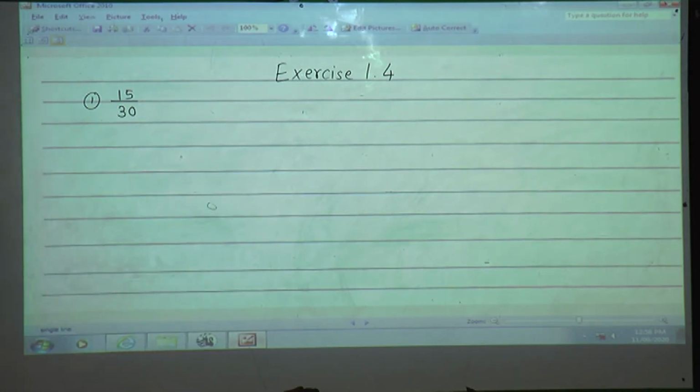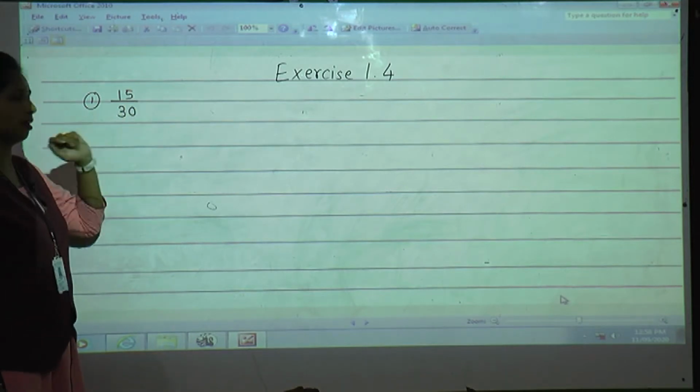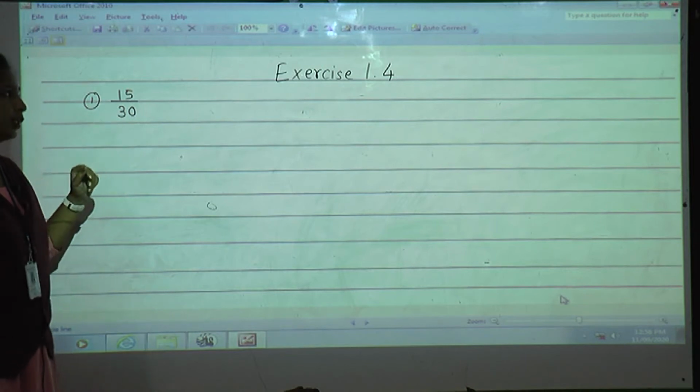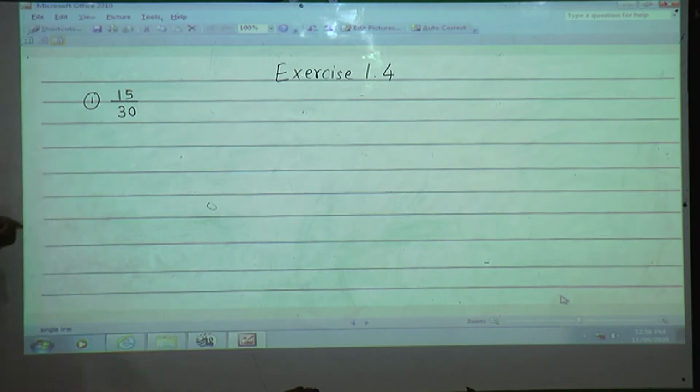Now what you can do in other way students, see the number, 15 by 30, isn't it? Now tell me, 15 is an even number or odd number? Yes, it's an odd number. This is an odd number, we cannot divide by 2, so we will go with 3.